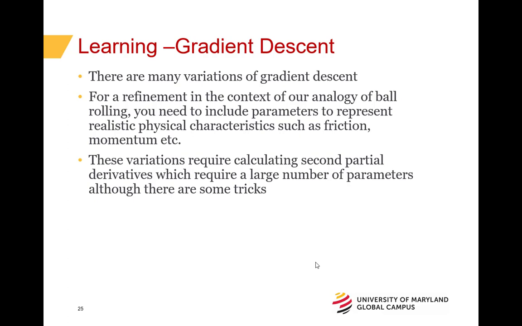Okay, so the second bullet says that for a refinement, in the context of our analogy of the ball rolling, you may need to include parameters that represent realistic physical characteristics such as friction and momentum. We don't deal with that in this class, but know that there are some enhancements to those terms. In some cases that may require second partial derivatives, so it's tricky when the number of parameters is large.